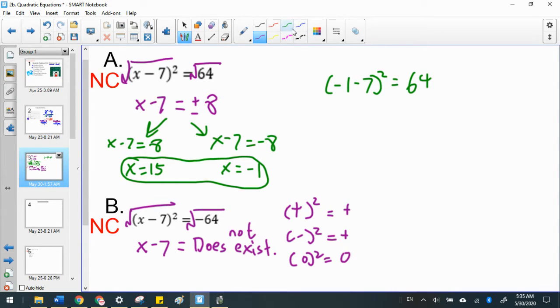And therefore, any equation where you've isolated to the point where you have any kind of quantity squared equaling a negative value, it is automatically going to be an equation with no solutions.